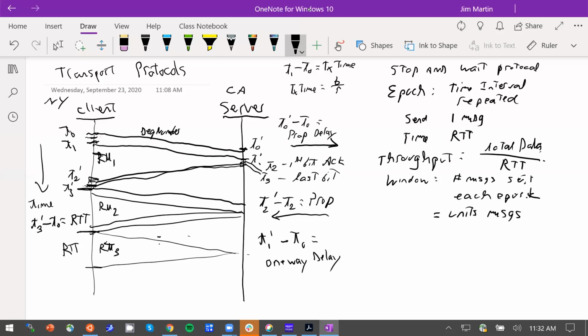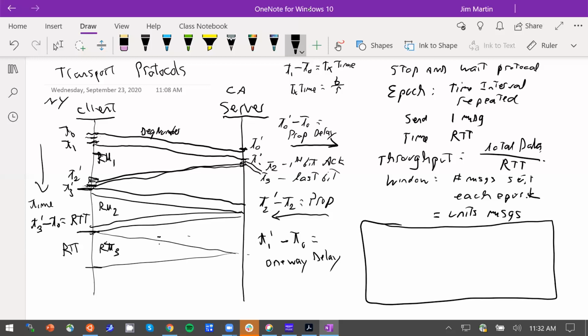And so big picture for this transport protocol, sort of put it in a separate box here. One concrete example is, let's say that there's a file at the client. And let's say it's very big, like 10 million bytes.